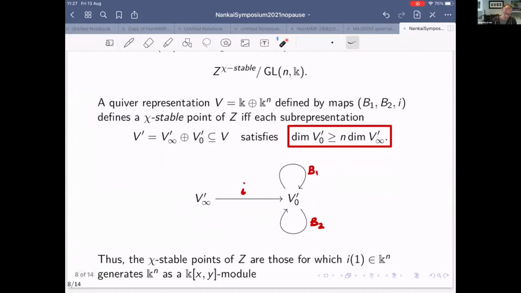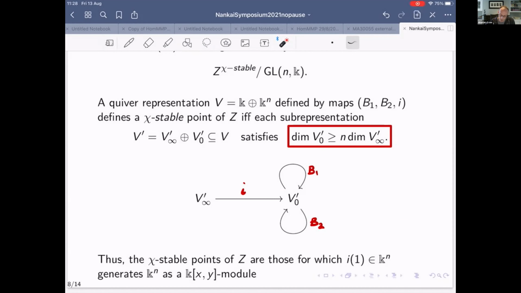So here's the key conclusion. By imposing this stability condition, this choice of the character chi, the only quiver representations I care about are those satisfying this condition. This corresponds to exactly the condition that the image of I of 1 generates the entire n-dimensional vector space as a kxy module. And that's the condition that we had a point of length n after all.